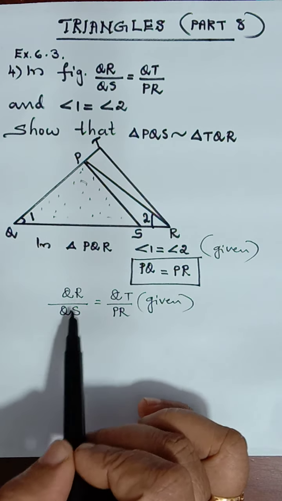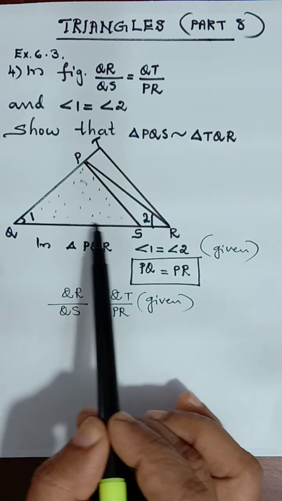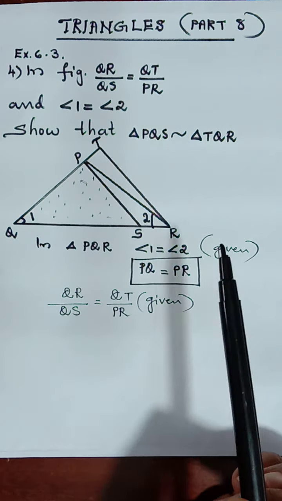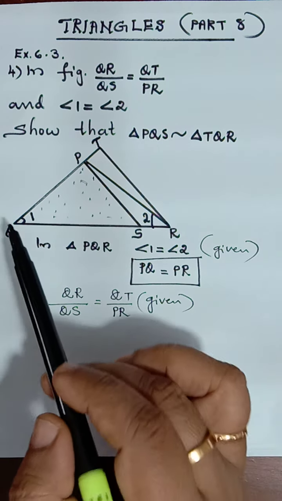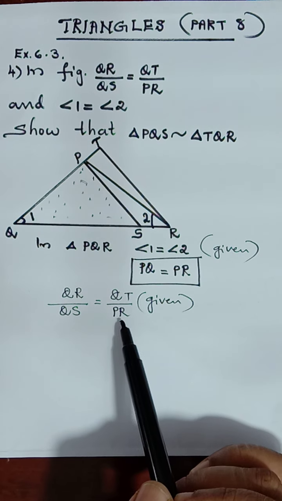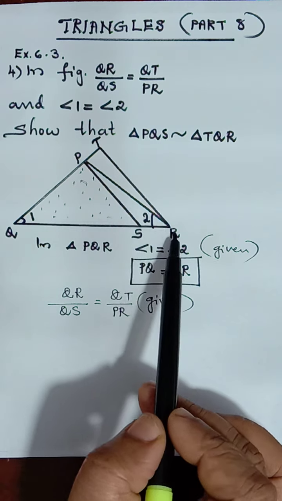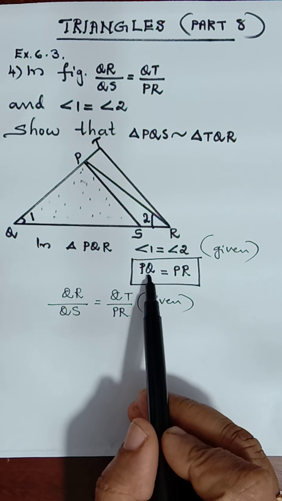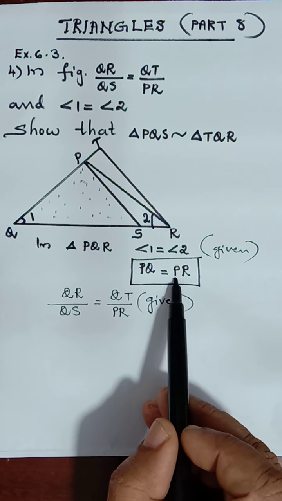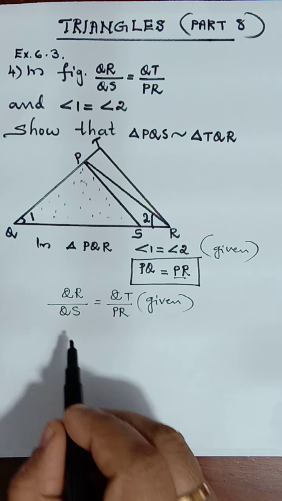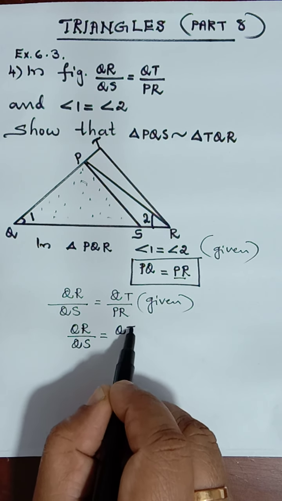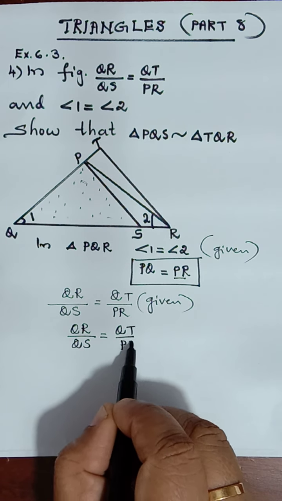QR of the bigger triangle TQR, QS of the smaller triangle PQS, equal to QT of the bigger one by PR of the smaller one. Here we have already found out PQ is equal to PR. So, instead of PR, I am going to substitute PQ. Let us see what happens.